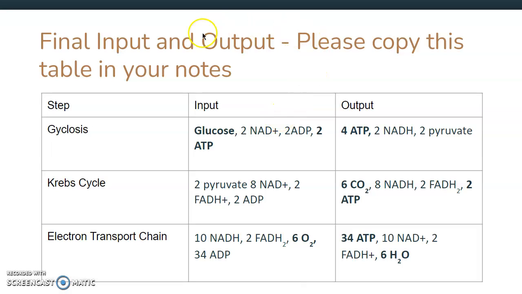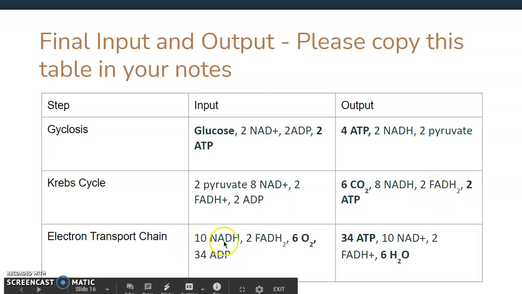So our final input and output that I would like you to have in your notes is that in our glycolysis step, we take glucose, 2 NAD+, 2 ADP, and 2 ATP, and create 4 ATP, 2 NADH, and 2 pyruvate. Then that pyruvate is used in our Krebs cycle step, along with 8 NAD+, 2 FAD+, and 2 ADP, and we will produce 6 CO2, 8 NADH, 2 FADH2, and 2 ATP.